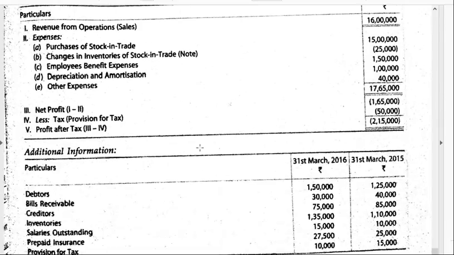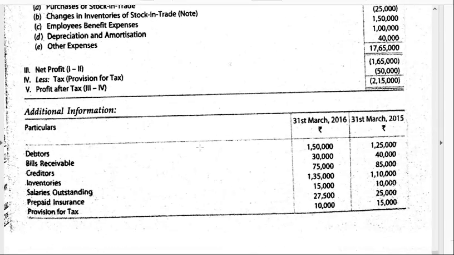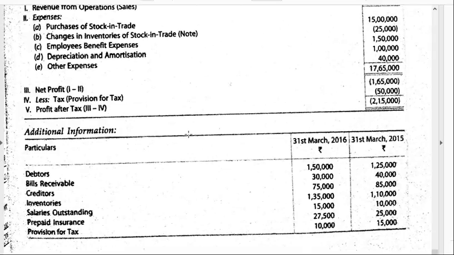We are given the additional information that as at 31st March 2015 and 16, debtors, bills receivable, creditors, inventories, salaries outstanding, prepaid insurance and provision for taxation.